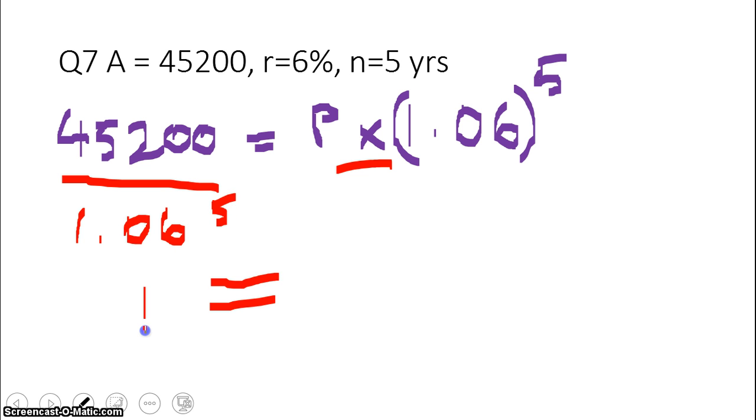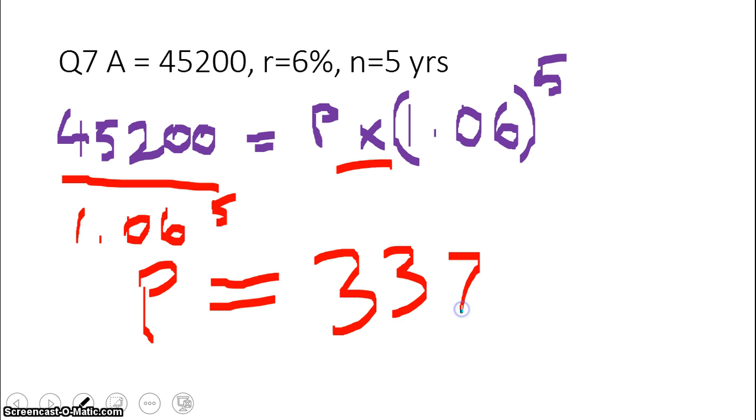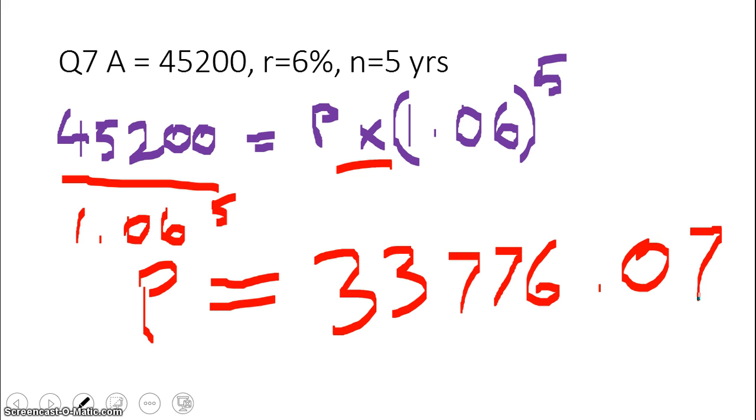Type it into our calculator, and we're going to work out P, and we end up with $33,776.07. Again, remember that divided by and fraction are exactly the same thing, just 2 different representations of exactly the same process.